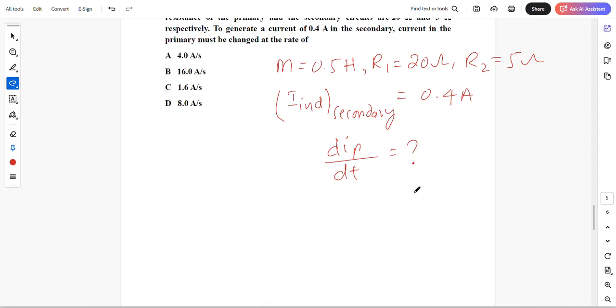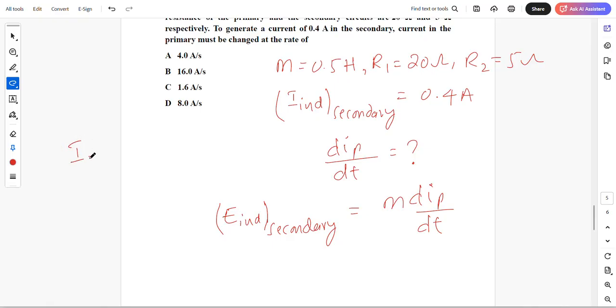Understood. We know that E induced in the secondary coil is given by the formula M into dIP by dt. But how much is E induced in the secondary?